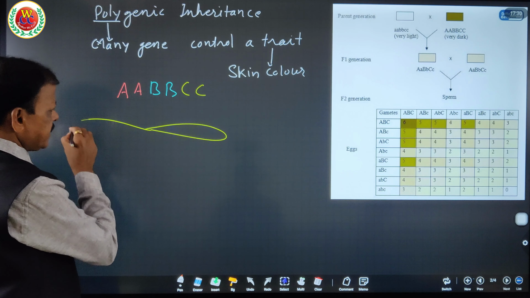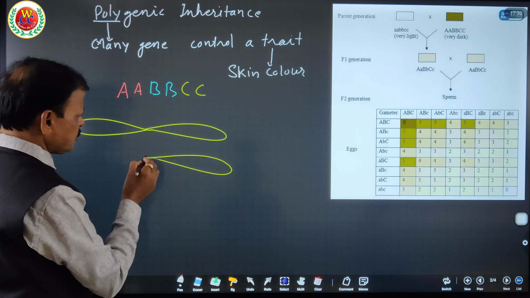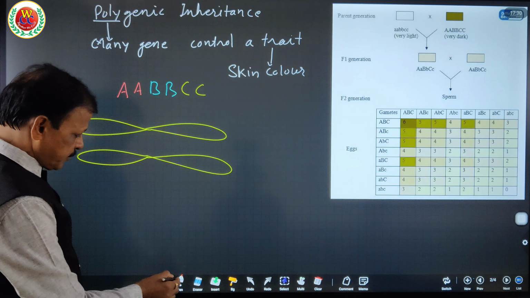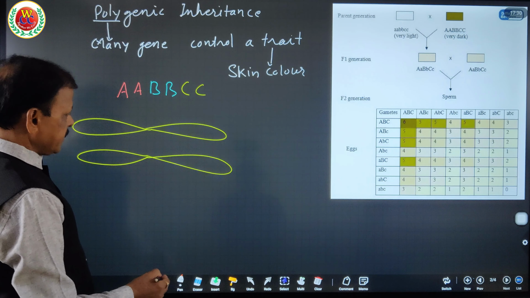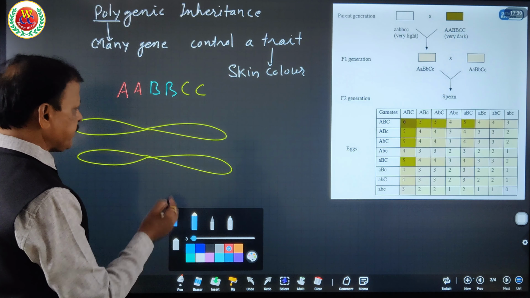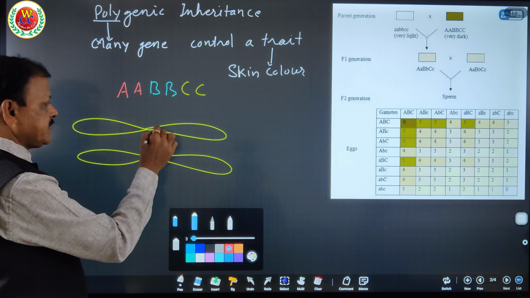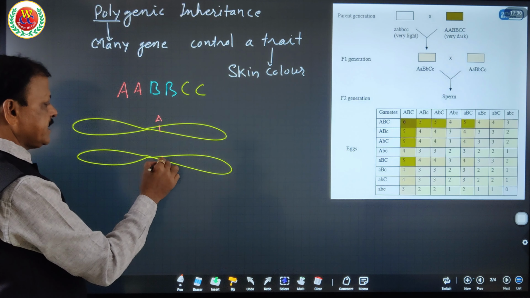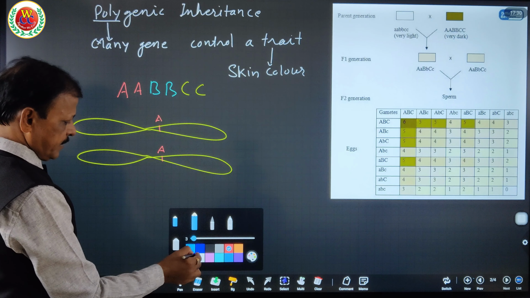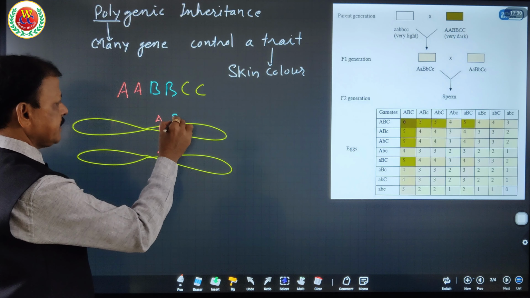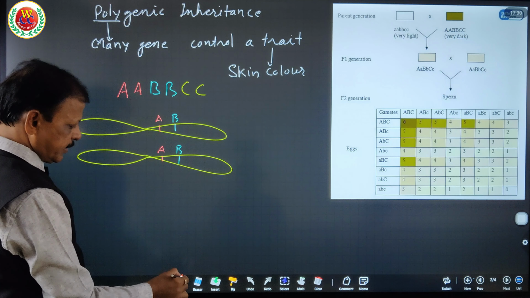For example, these are the two chromosomes we call a homologous pair of chromosomes. We receive these genes from our father. Say the arrangement of these genes is like this: capital A, capital B, and capital C, present on different loci.